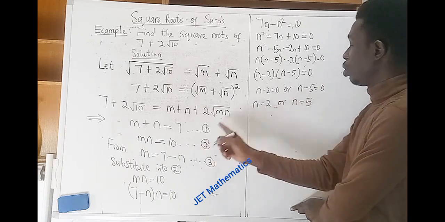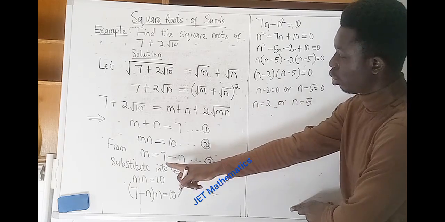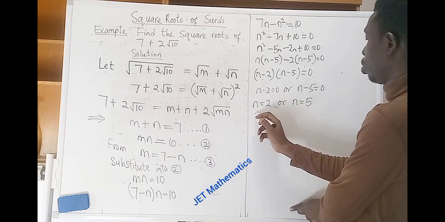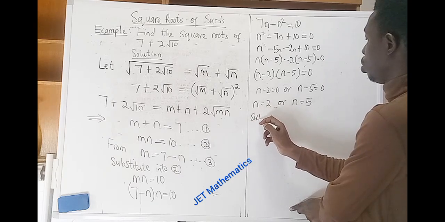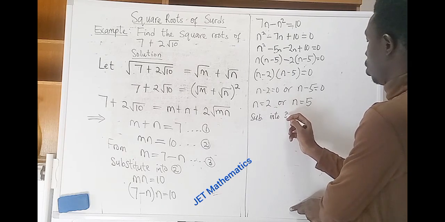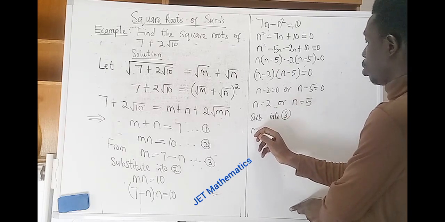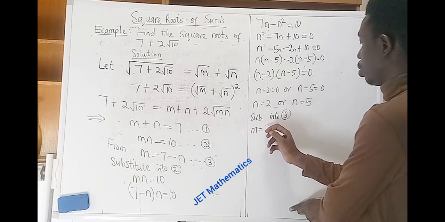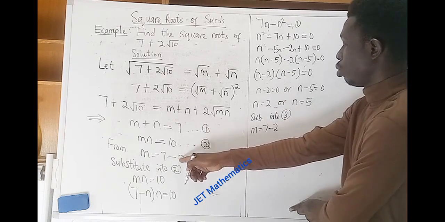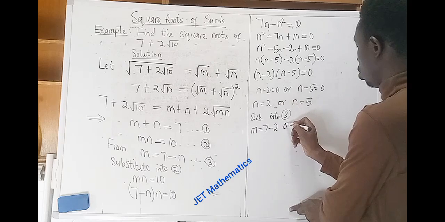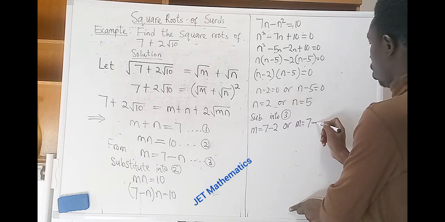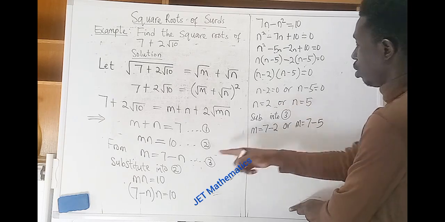So we can substitute these two results into equation 3 to get m. So m becomes 7 minus 2, where n is 2 here, or m is equal to 7 minus 5, where n is 5 here.